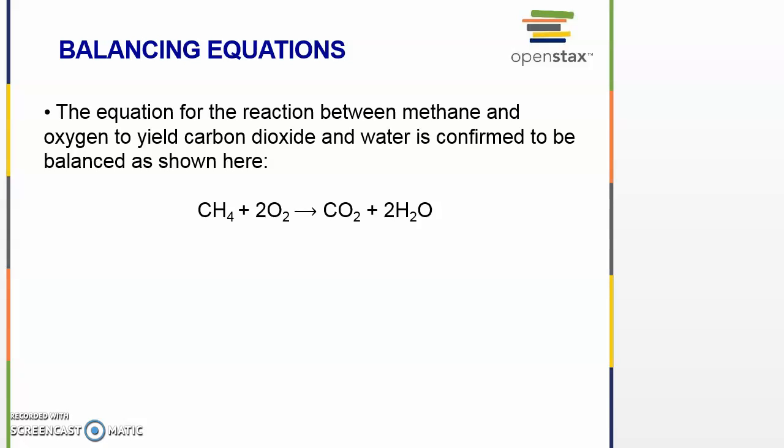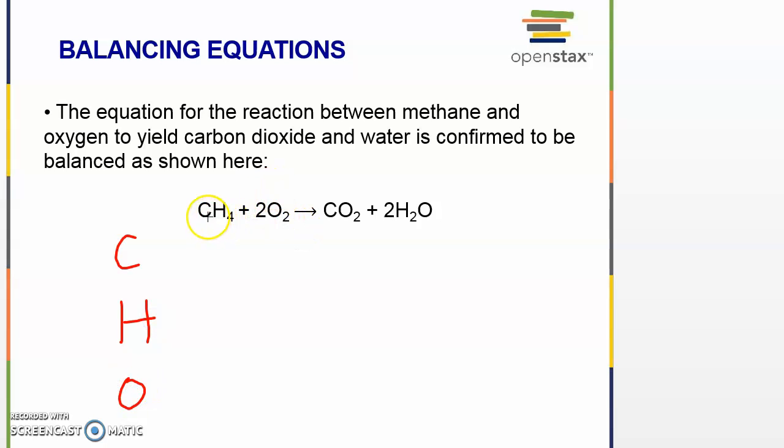Let's check the numbers of atoms of each element on each side to see if it is balanced. So what elements do we have here? We have carbon, we have hydrogen, and we also have oxygen.